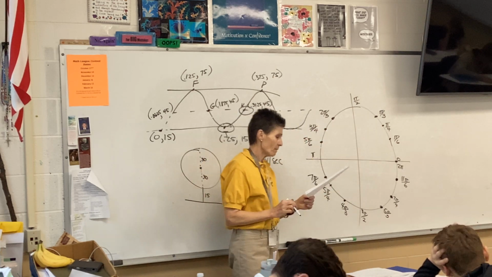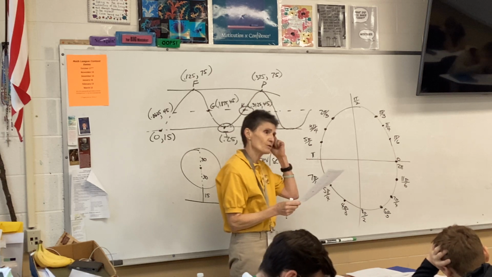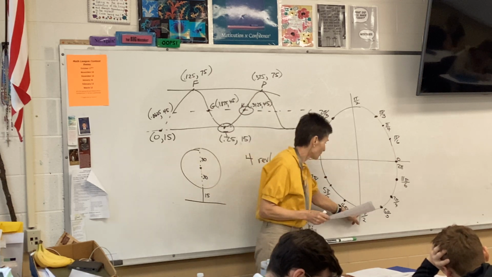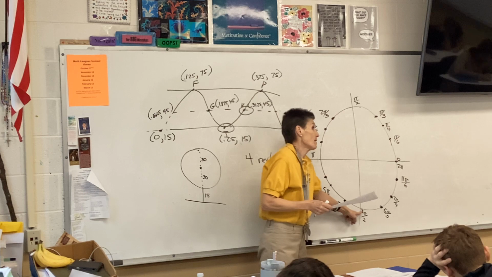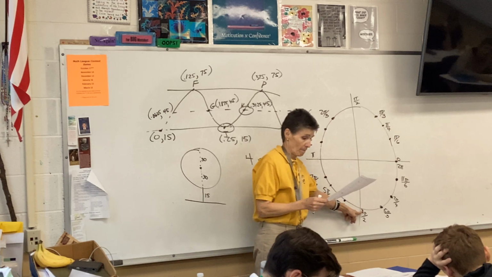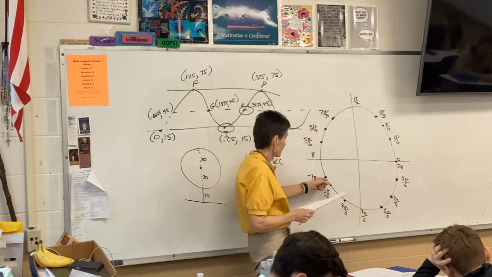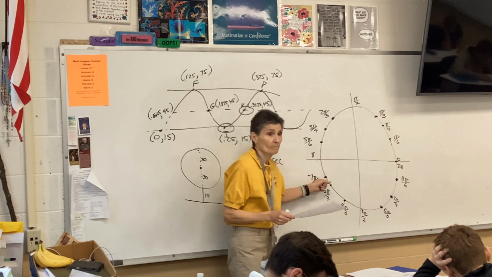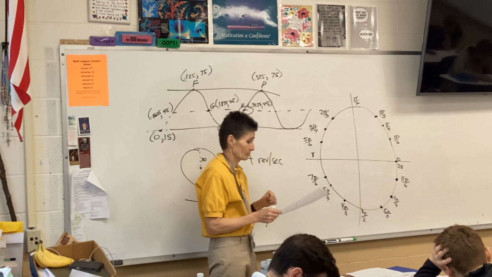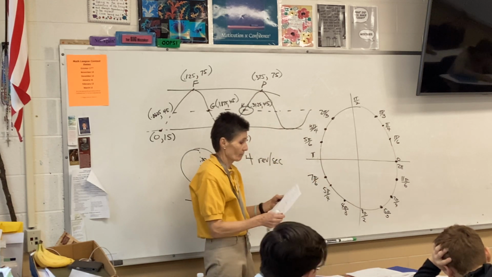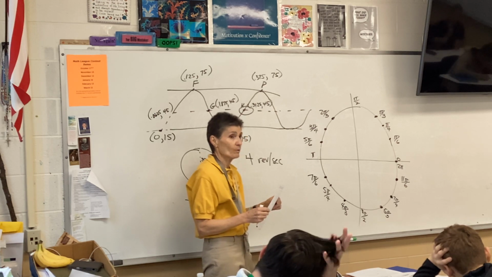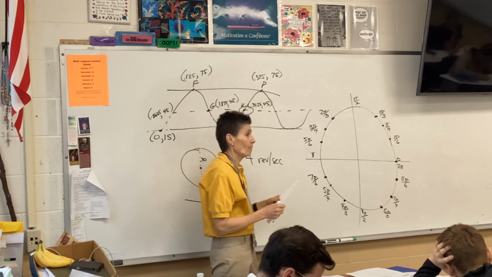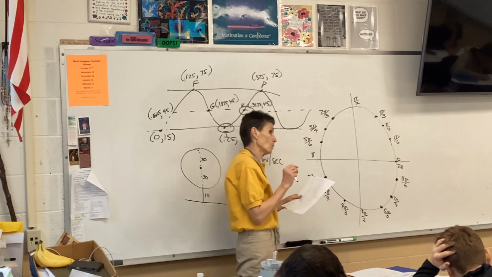Oh, what about 3 pi over 2? Where's 3 pi over 2? Straight down, right here. Same as 270. And 7 pi over 6. All right, you okay with that? All right, now flip it over and it's the backwards.